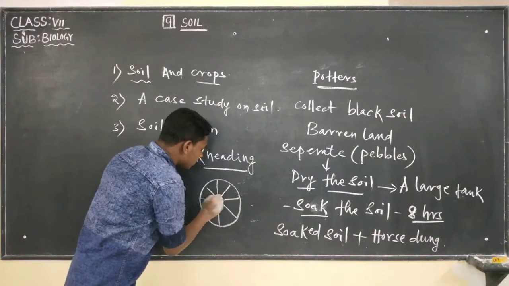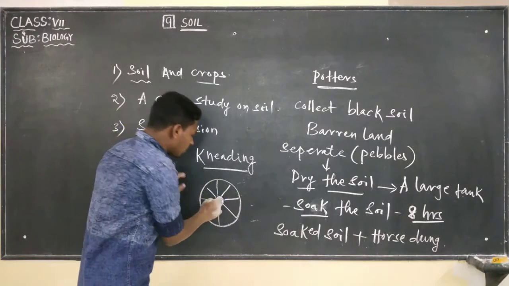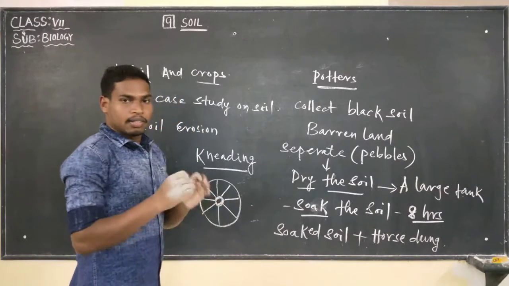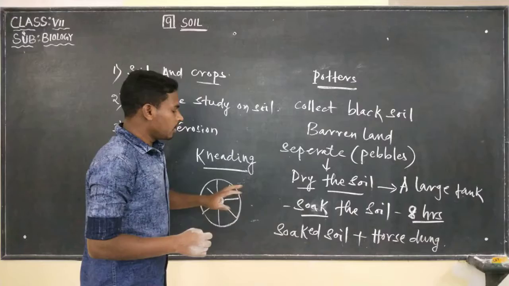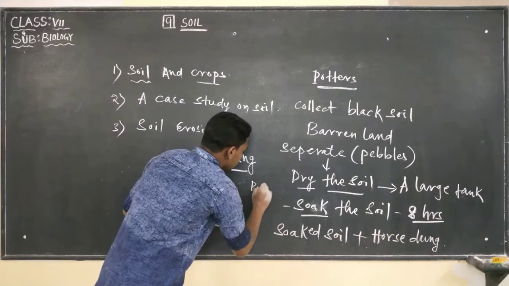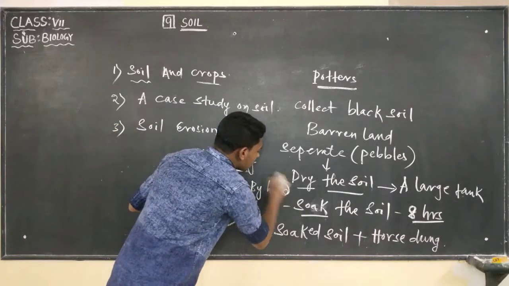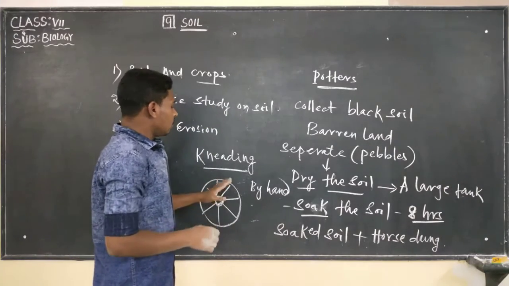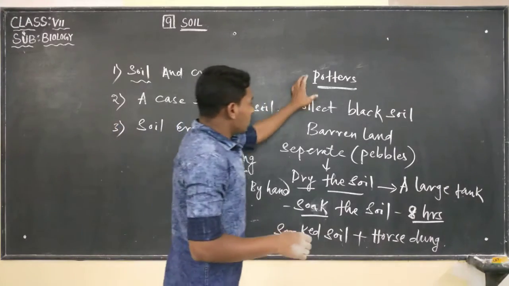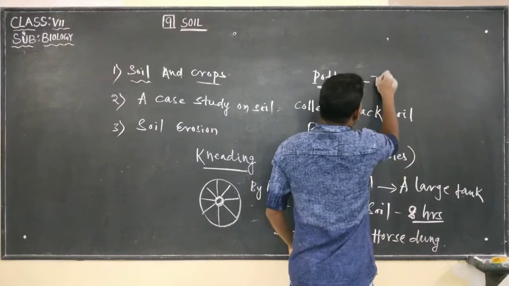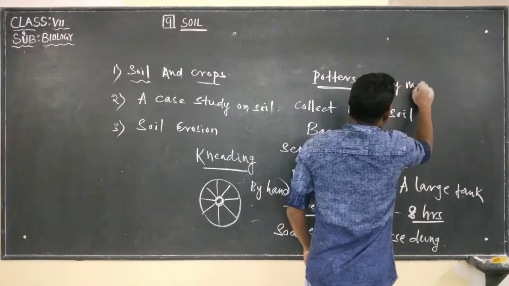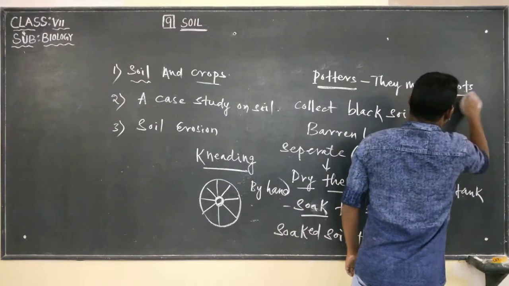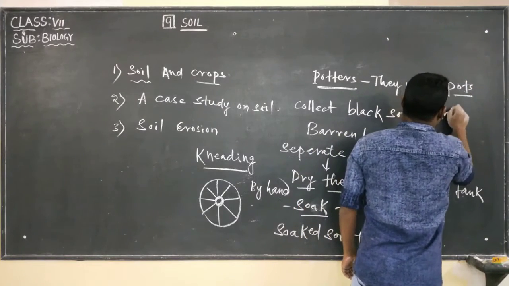The final shape is given by hand. This is how potters make pots, or earthen pots.